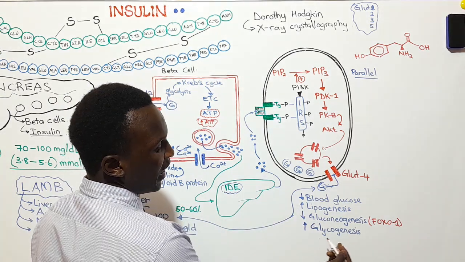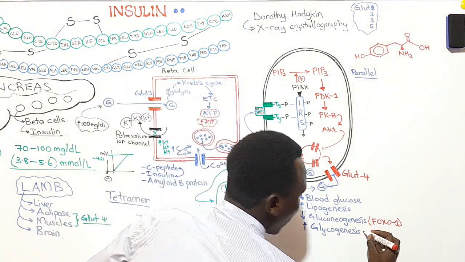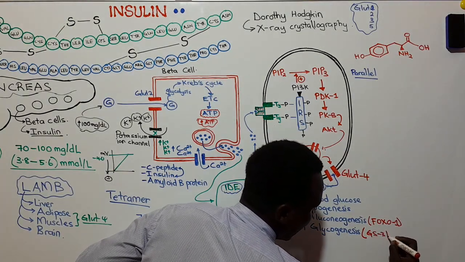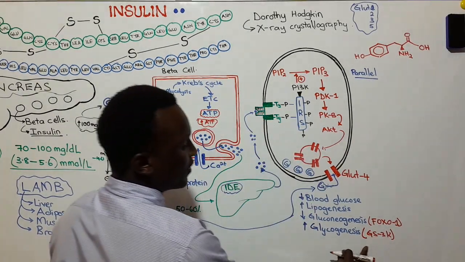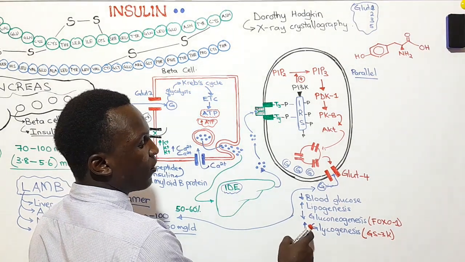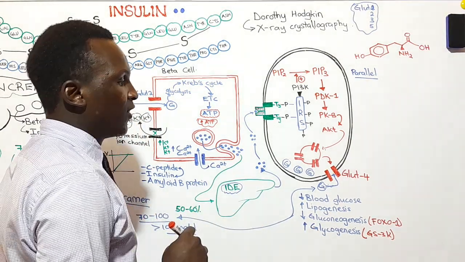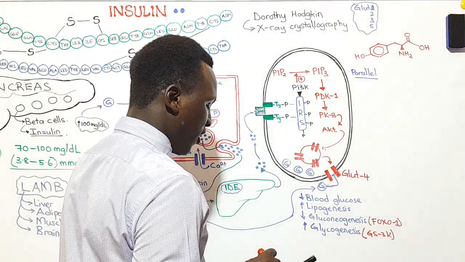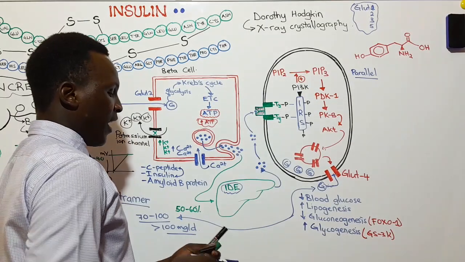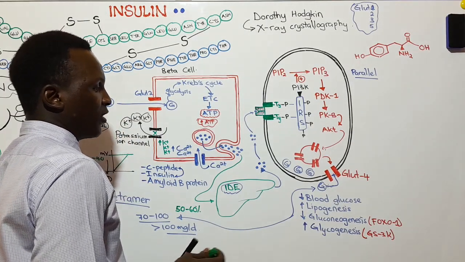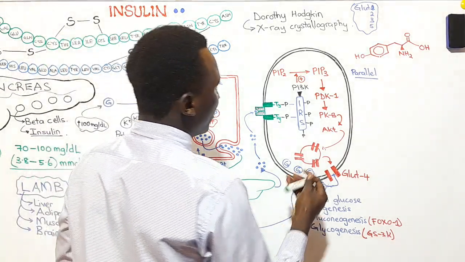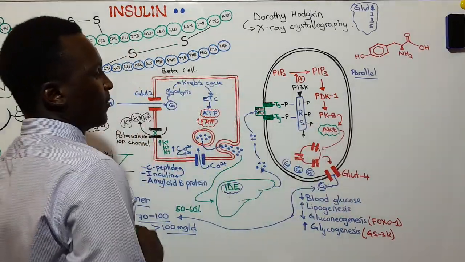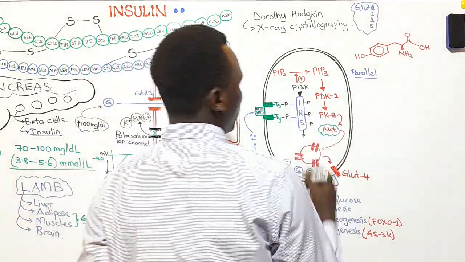Then also the inhibition of what they call glycogen synthase kinase 3. So when you inhibit this, that is when you'll be able to increase glycogenesis. So all these happen because of the AKT. So this is a very, very important molecule, the AKT, that allows for insulin to exert its effects, okay, as such.